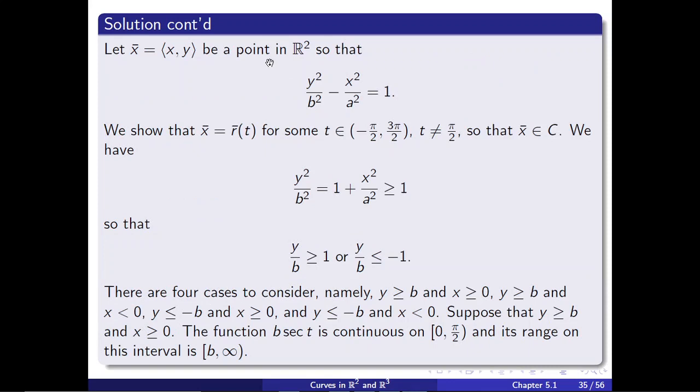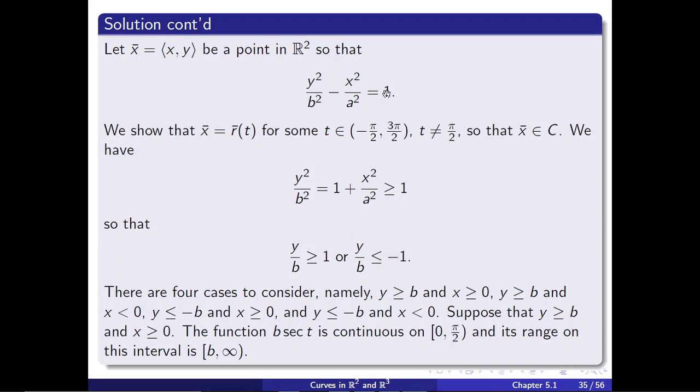So let's take a point x so that y squared over b squared minus x squared over a squared is equal to 1. We want to show that x should be in C. So we have y squared over b squared is equal to 1 plus x squared over a squared, which is greater or equal to 1.